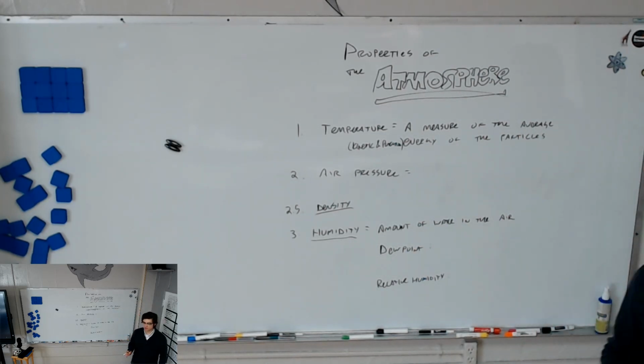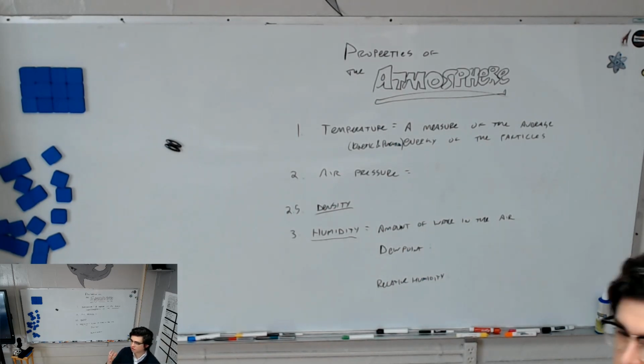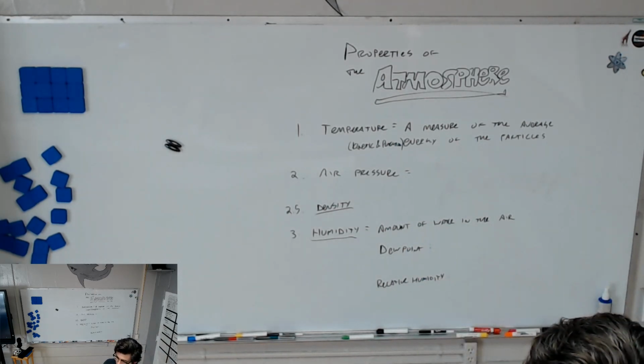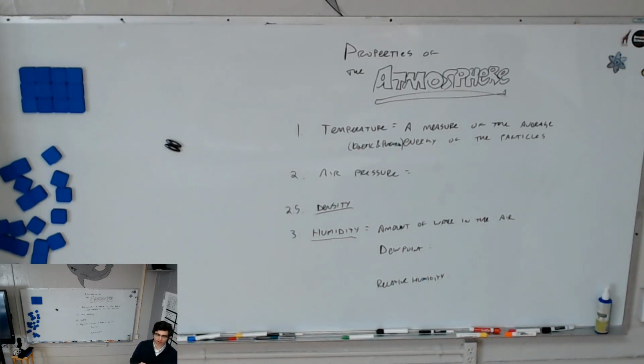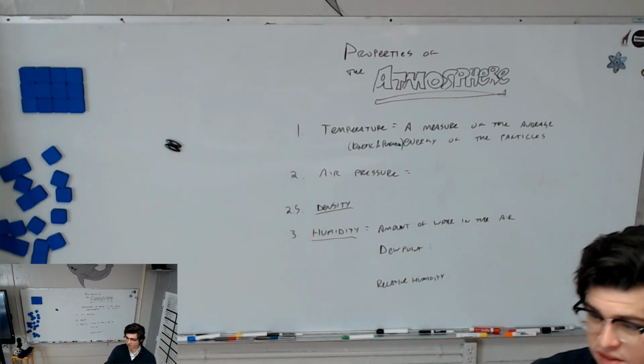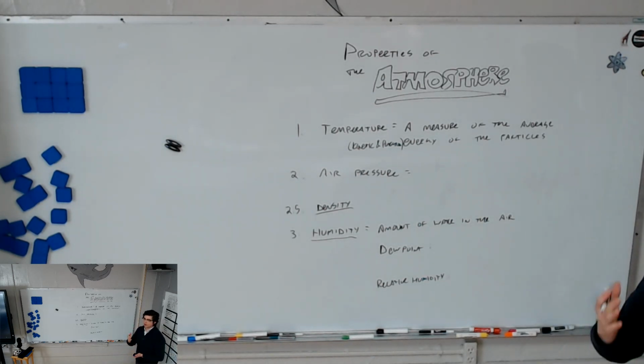To understand either of these, you need to know that there's a certain amount of water that can be contained in the air before what happens? What's going to happen if we get too much water in the air, like in your lab? It'll precipitate. The water will precipitate out. So write this down.